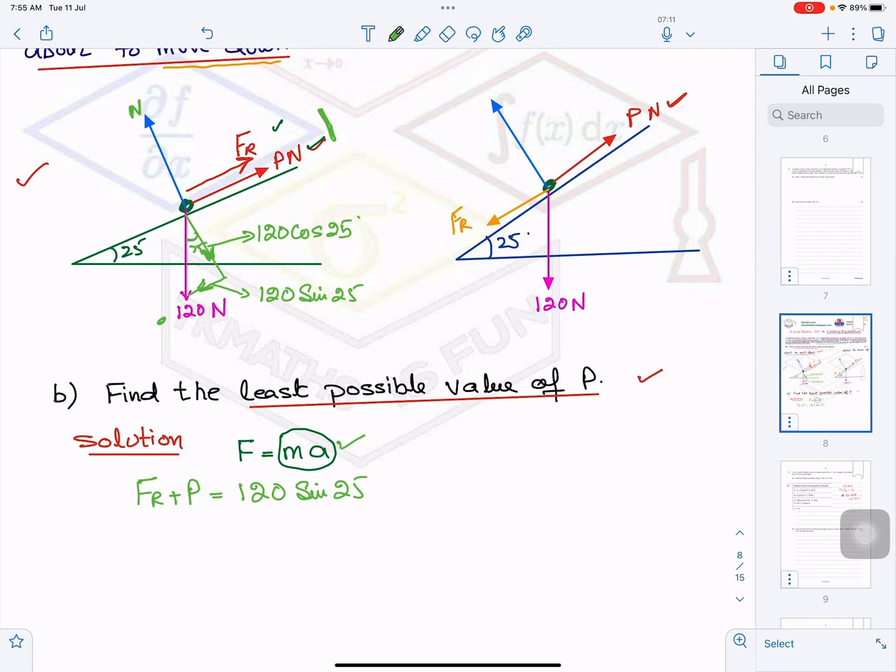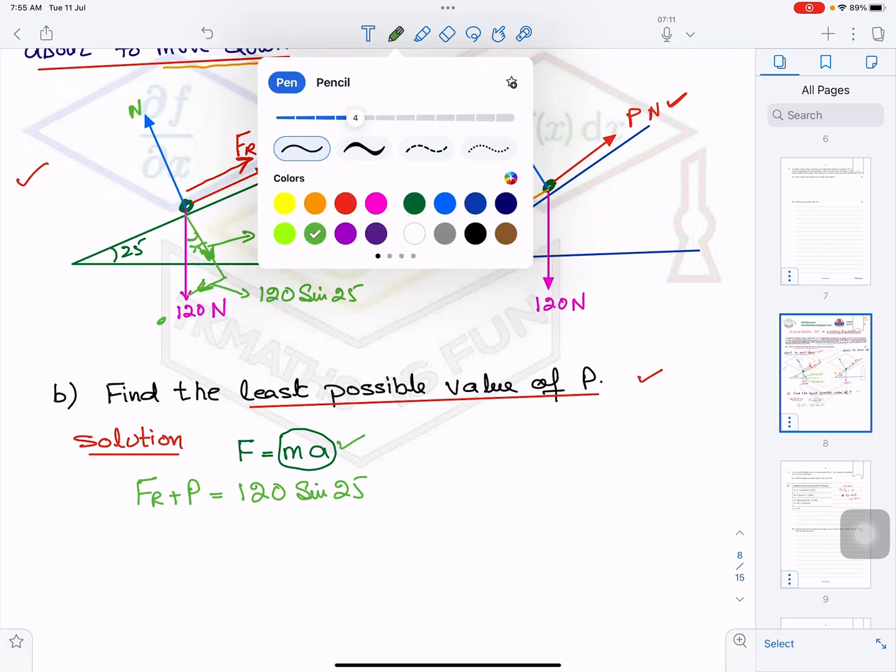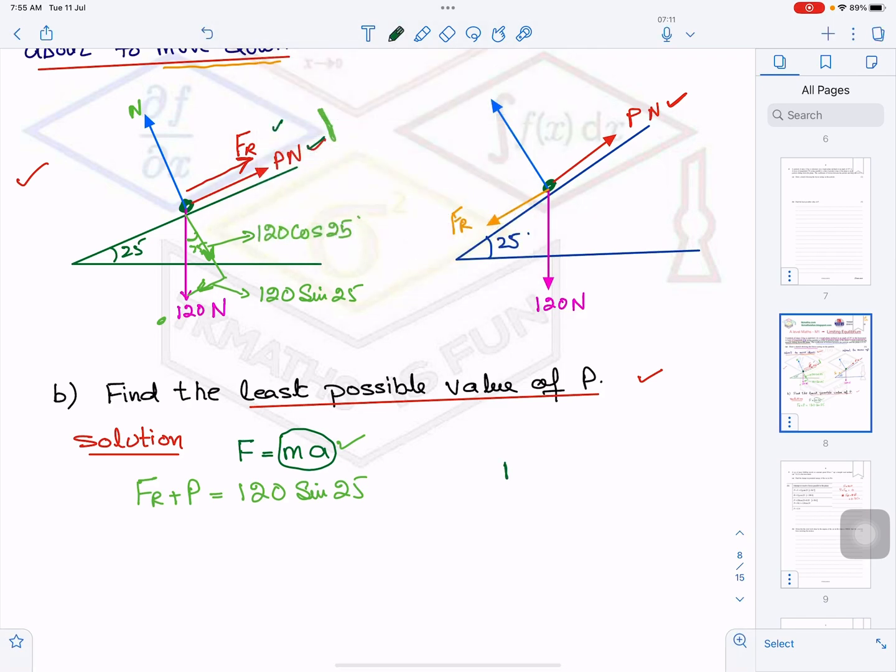Similarly, this normal force, the perpendicular force, is balanced by 120 cos 25, this one which is acting downward here, and this blue one was acting upward, 120 cos 25. And this is also called R, the normal reaction, right?